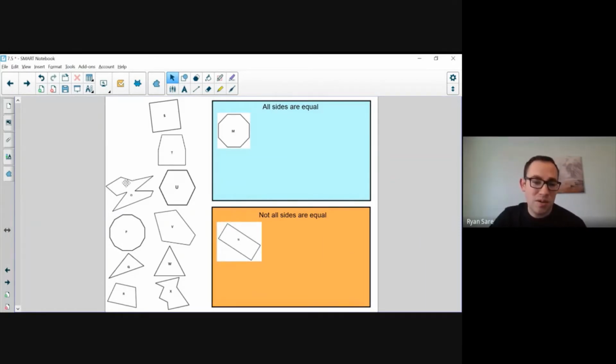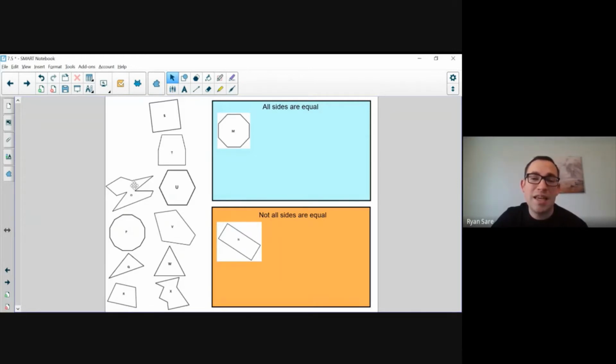Now we get to O. What shape is this? I'm going to start right here on this point. We have 1, 2, 3, 4, 5, 6, 7, 8, 9, 10. So 10 sides. The root word for 10 is deci, like decimal or decimeter. We use that in all kinds of different root words.